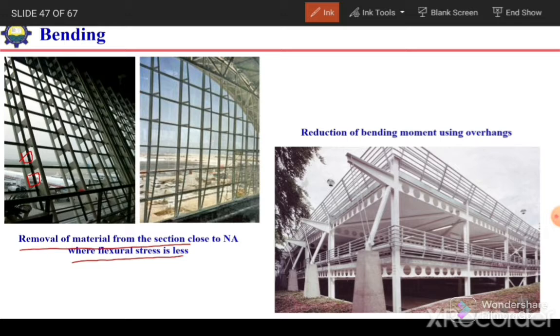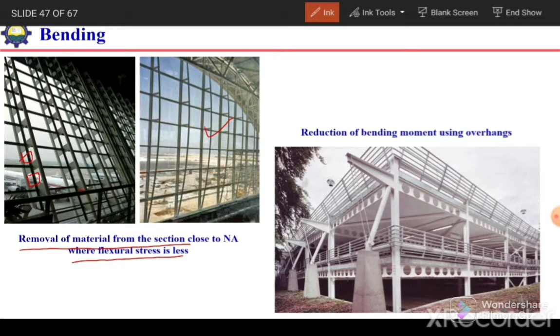If we keep on increasing the distance of the material from the neutral axis, the stiffness of the section will increase. Similarly, this second figure shows that we can reduce the depth of the section where the bending moment is less.